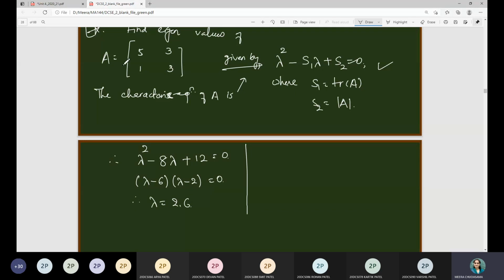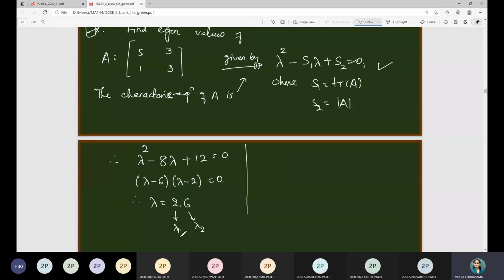So first of all, I will consider this example as a specimen to understand the properties of these eigenvalues and eigenvectors. The two eigenvalues of this matrix are 2 and 6. That means I will call this lambda 1 and this lambda 2.